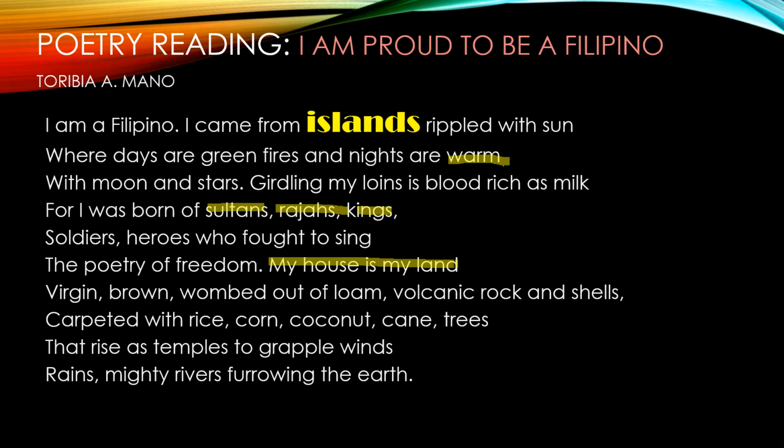And here, we have virgin, brown, wombed out of loam, volcanic rock, and shells. So, ito naman parang nagpapakita ng ating topography, yung ating geography, kung anong makikita mo sa lupa or sa environment dito sa Philippines.